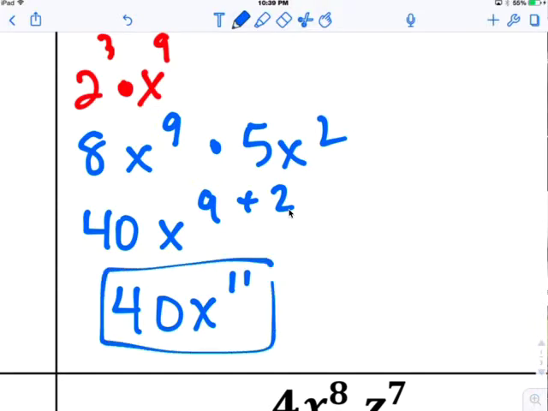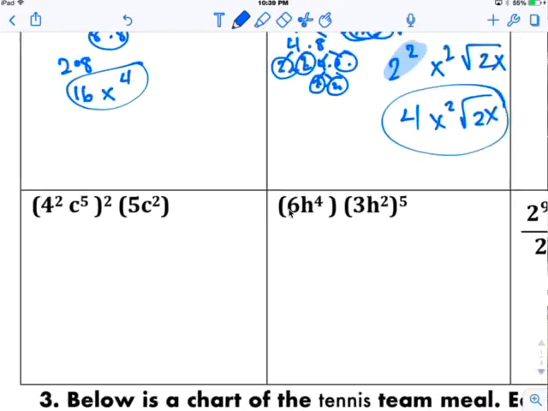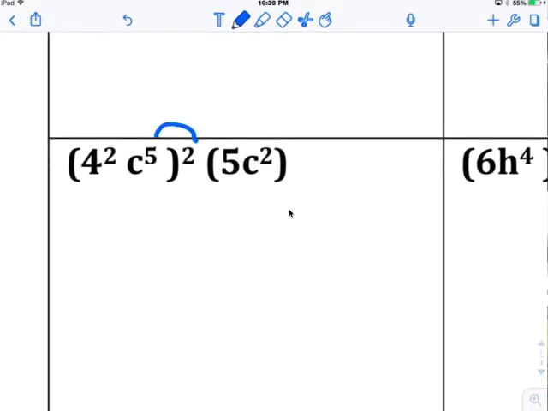That's how you show your work, okay? All right, so here again, you distribute first. That's 10. That's 4. C to the 10, 4 to the 4th. 4 to the 4th is 16 times 16, 256. It's a little bit big.